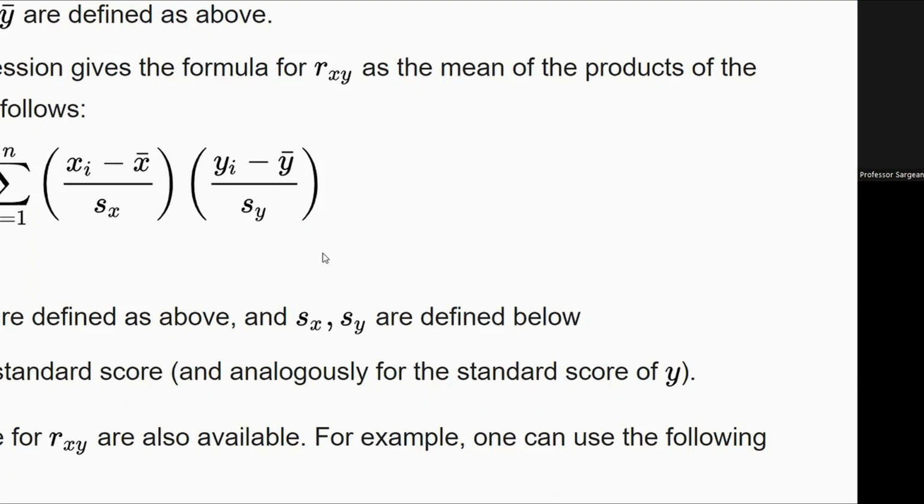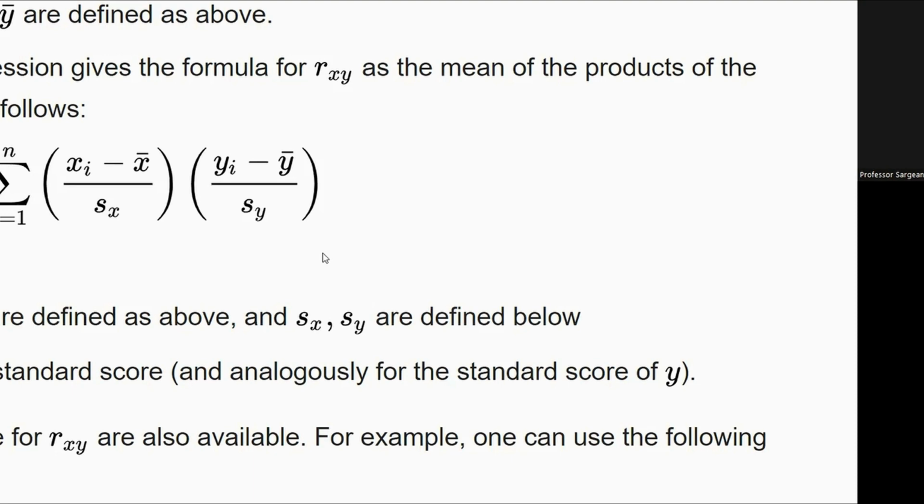Now, there's one piece of information that needs to be added to this regarding the claim that the correlation coefficient R is a unitless number. Suppose the scores X have been measured in feet and the scores Y have been measured in gallons.